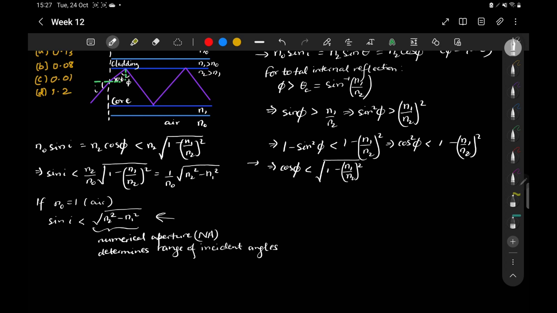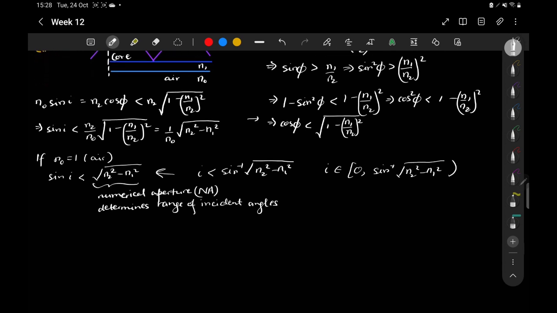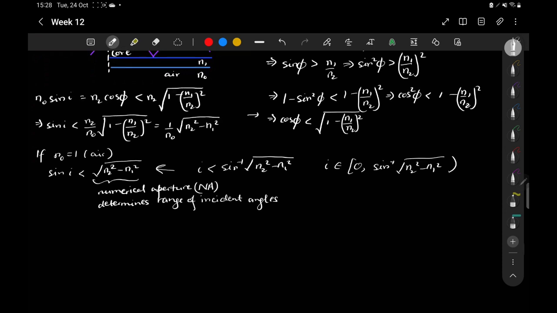So this means I should be less than sine inverse square root of n2 squared minus n1 squared. So that means the maximum value that I can take is sine inverse of square root n2 squared minus n1 squared, and the minimum is of course 0. So I belongs to this range of values for I, the incident angle.